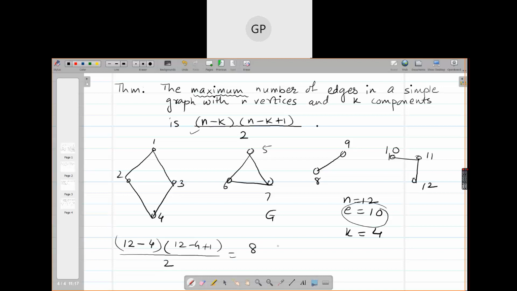So it will be 8 into 9 by 2, that is 36. So the answer is not exactly 10, but 10 is less than 36. Do you understand the meaning of this question? Yes, ma'am.